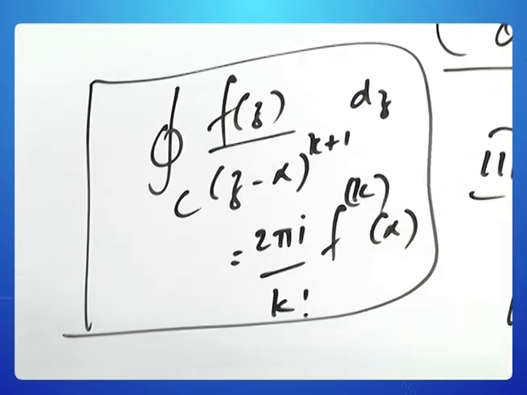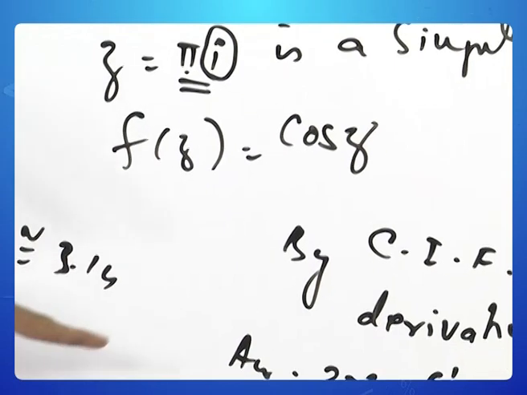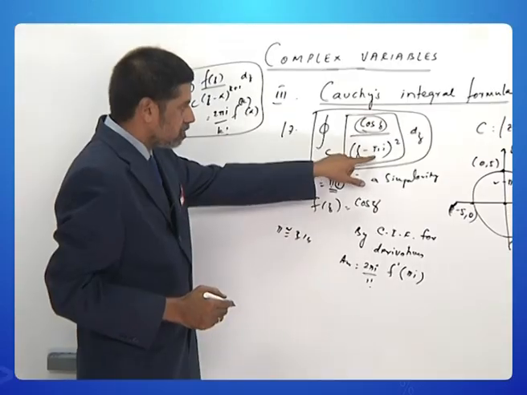So, here our numerator is cos z, and you must differentiate it once, evaluate it at the singularity.